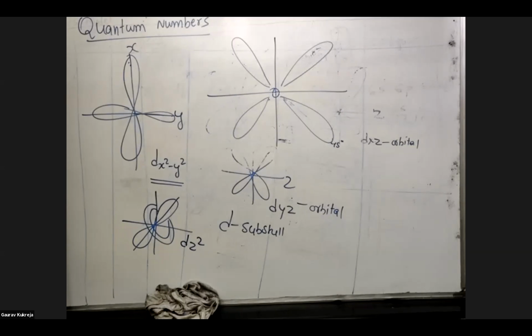So that we use in dz square. In short, these shapes being created in 3D are a consequence of this. It means you have to place 10 electrons in different places. As you keep placing them, ultimately it will appear like this.